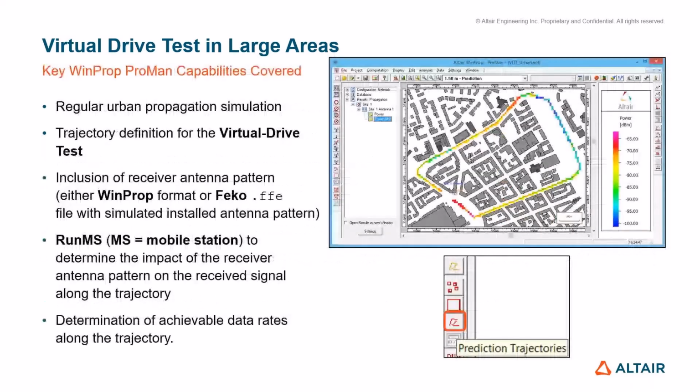And the main capabilities that we will cover in a bit is actually to see how in the tool we can perform these different steps, including, for instance, how we can add the receiver antenna pattern. We're going to use the antenna patterns that were generated in the first part of our demo today.